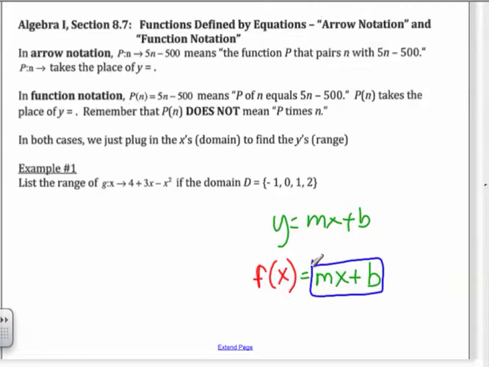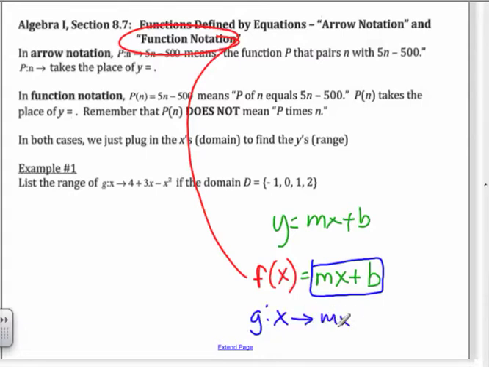Now, this is function notation. Arrow notation looks like this. We replace the f of x with, in this case, g of x. I mean, not g of x, but the function g that assigns x to mx plus b.